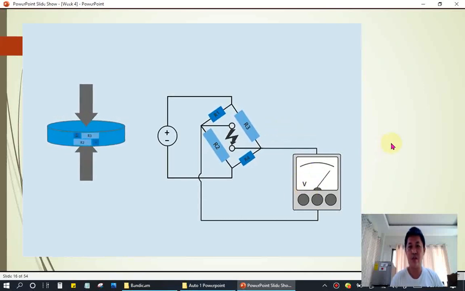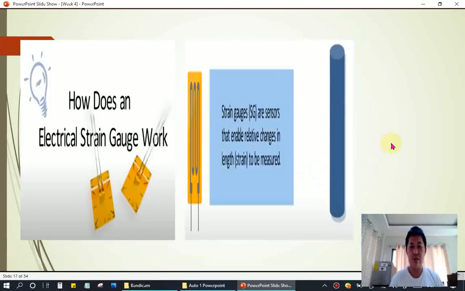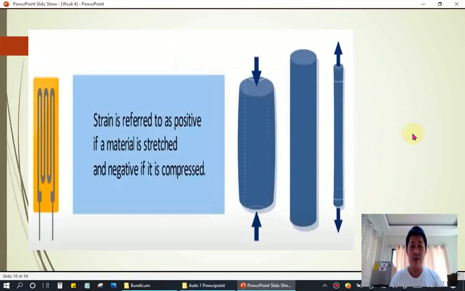That is an example. How does an electrical strain gauge work? Here, as you can see, this is a strain gauge sensor. Strain gauges are sensors that enable relative changes in length to be measured. Strain is referred to as positive if a material is stretched, and negative if it is compressed.